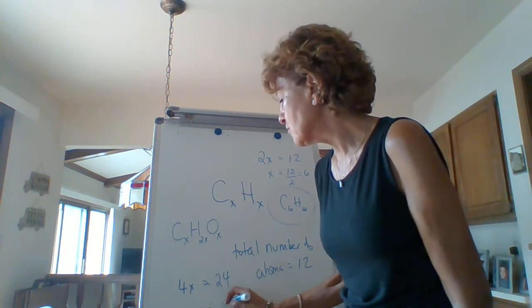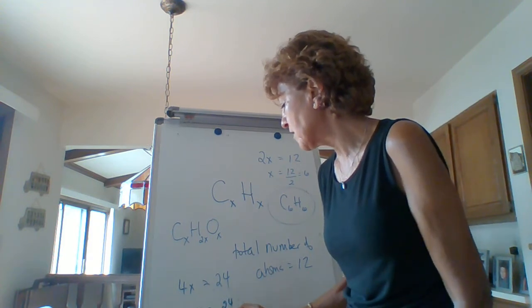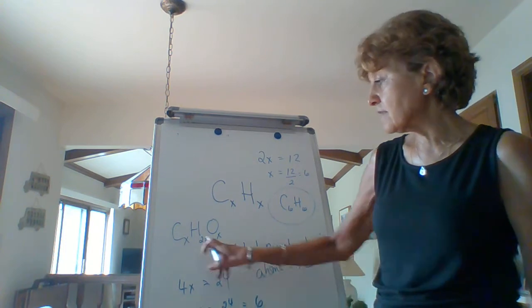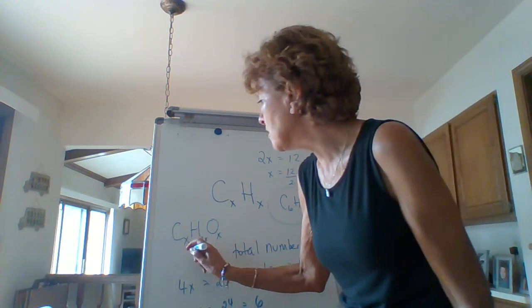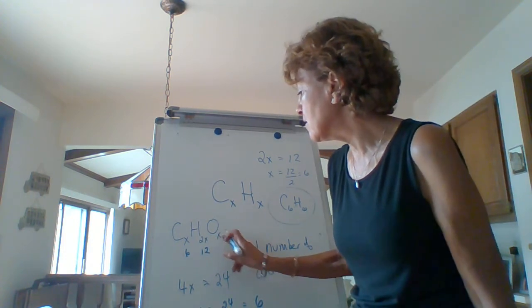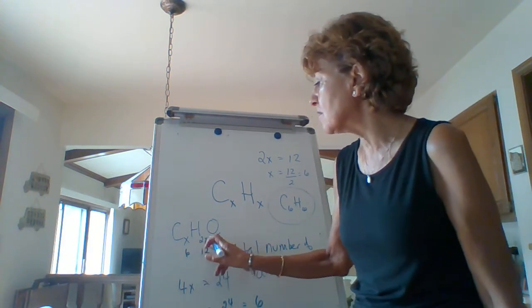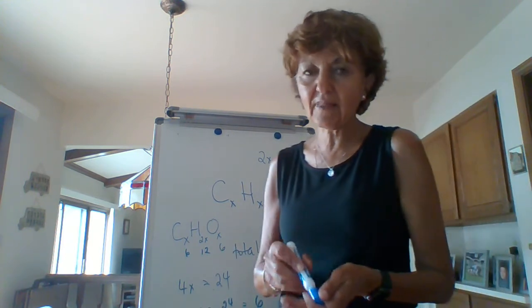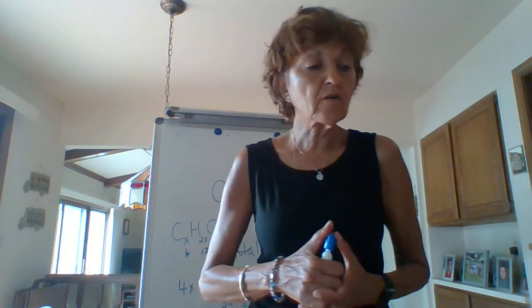X is equal to 24 divided by 4, which is equal to 6. So if x is 6, then this would be 6, and then 2 times 6 is 12, and then this would be 6. So it would be C6H12O6. Okay, so I just wanted to give you an example like that, and we are all set.